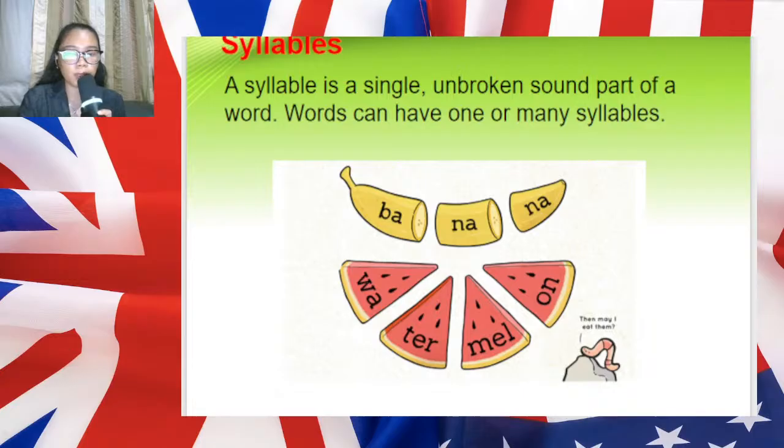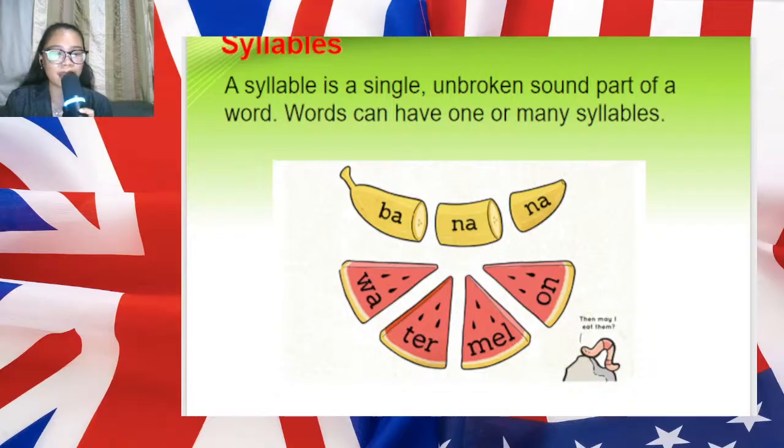That's why we say the word has three syllables. Same with watermelon. You can break it into wa, first syllable, ter, second syllable, mel, third syllable, and on, the fourth syllable, which gives us four syllables all in all. And bonus points if you caught the little character asking here, then may I eat them? Of course, love that. Okay?